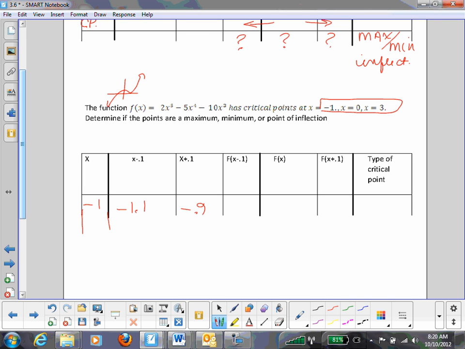What is f at -1.1? What's my function at -1? And what's my function at -0.9? Well, plug it in. Use your calculator. What do you get?